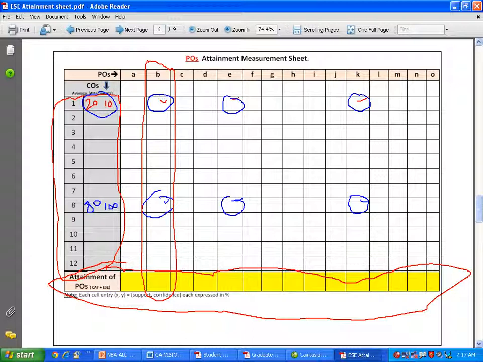All the program outcomes need not be connected with my course. There may be a few, but at least there has to be one. Otherwise, the presence of the course in a curriculum makes no sense. So this sheet speaks about attainment of program outcome through my course. The previous slide was speaking about attainment of course outcomes, all course outcomes defined for my course. So this is CO to PO linking.